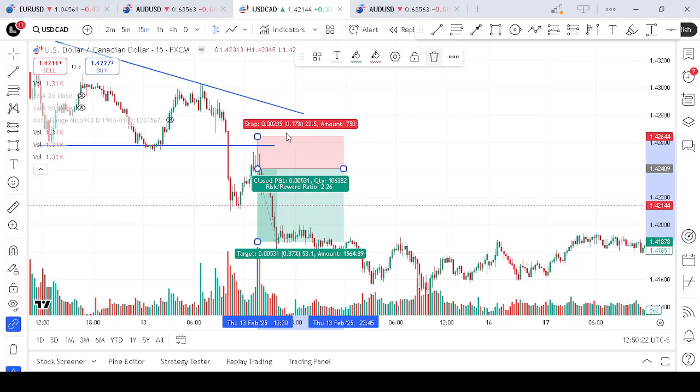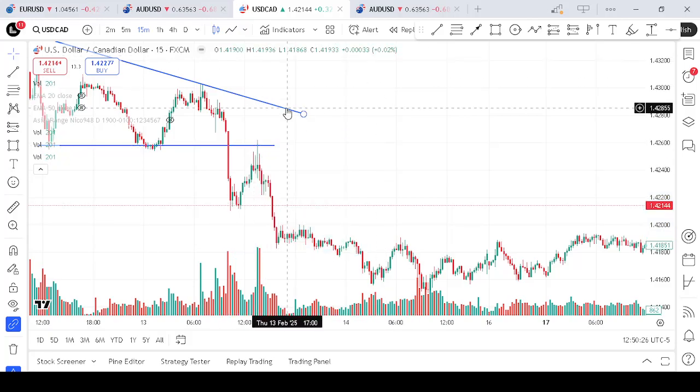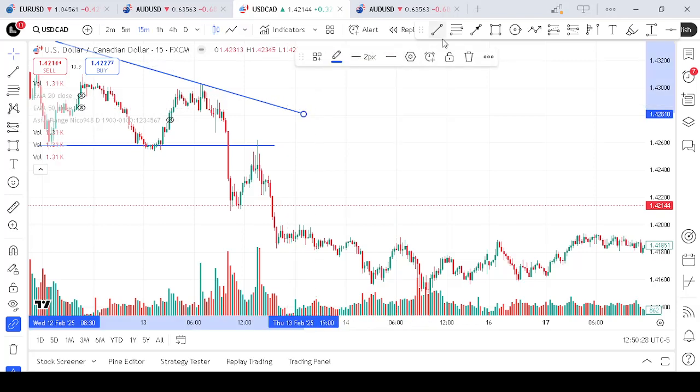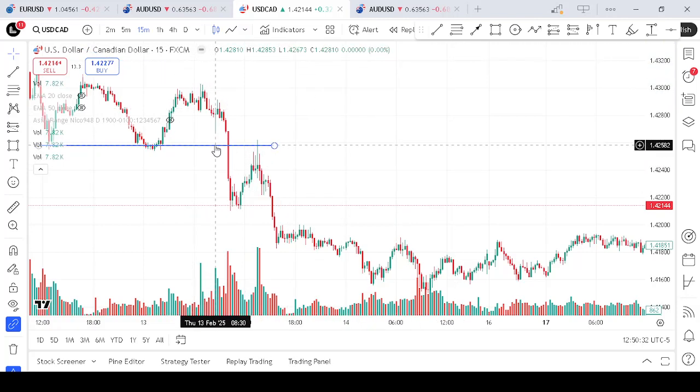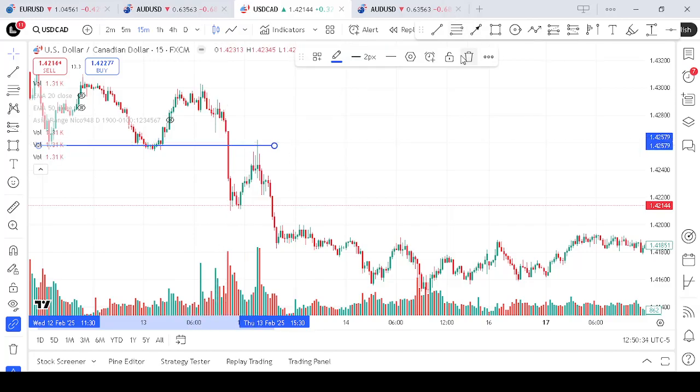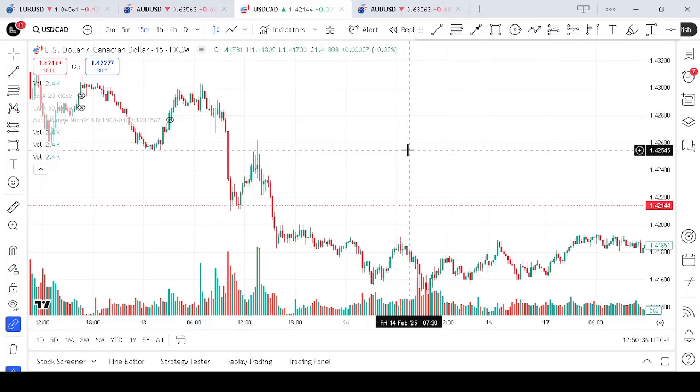Now there are some common mistakes we need to avoid when taking this price rejection candlestick trade. The first mistake we need to avoid is ignoring market context.